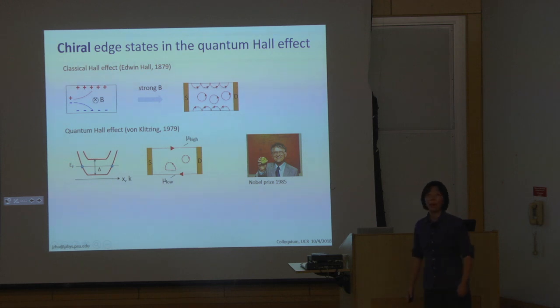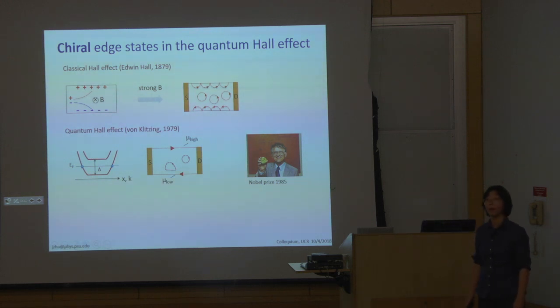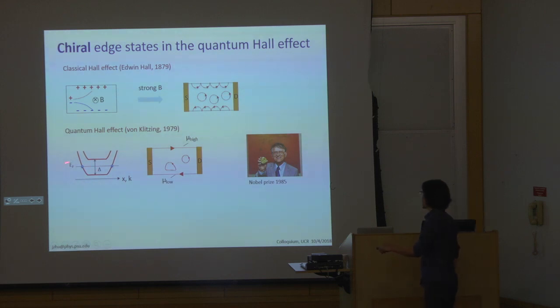Well, this picture is not quite correct. It's a classical picture. We have a quantum mechanical understanding of the quantum Hall effect as being the bulk opens up what's called Landau levels with a gap, delta. And this potential sort of rises up as the sample stops and there's a vacuum outside.